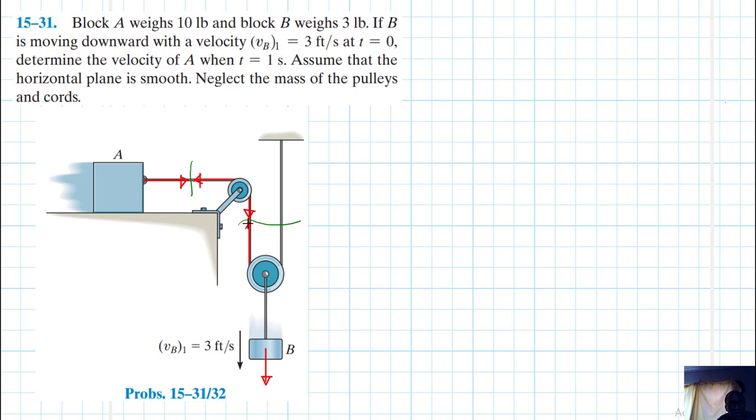Since the system is in motion and the motion is not uniform, we expect the tension to change, right? Remember F equals ma. So if we call this T, this becomes T, and this becomes T.